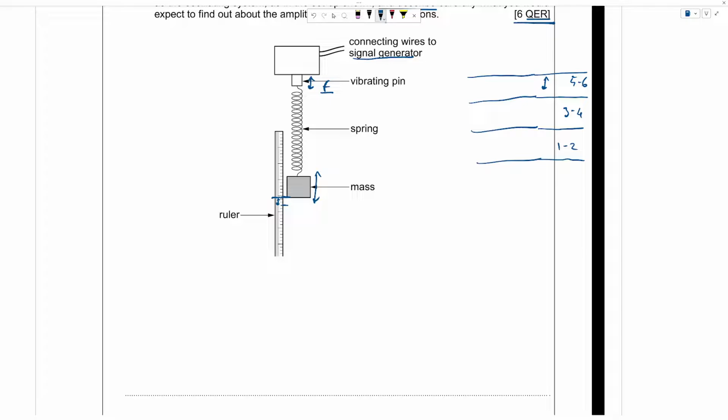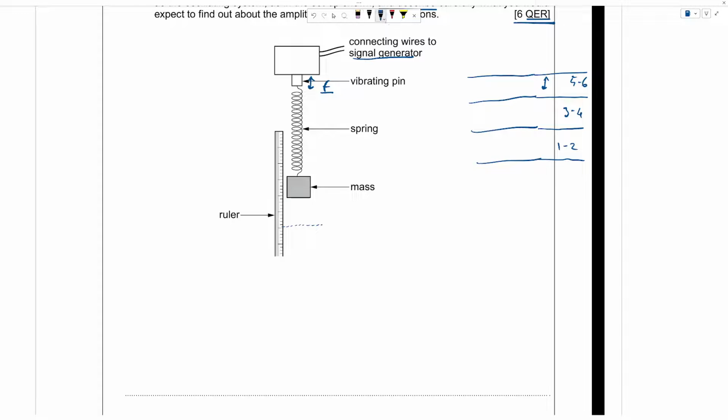What we should find is that at one particular frequency we'll have a very large oscillation, indeed, and at that particular frequency we would expect the frequency of the vibrating pin to match the frequency that this mass oscillates at if it's allowed to oscillate freely.